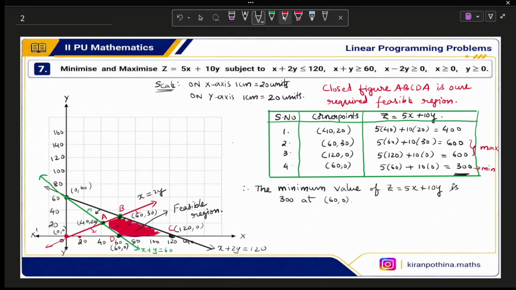Now when it comes to the maximum value, we need to change the conclusion.